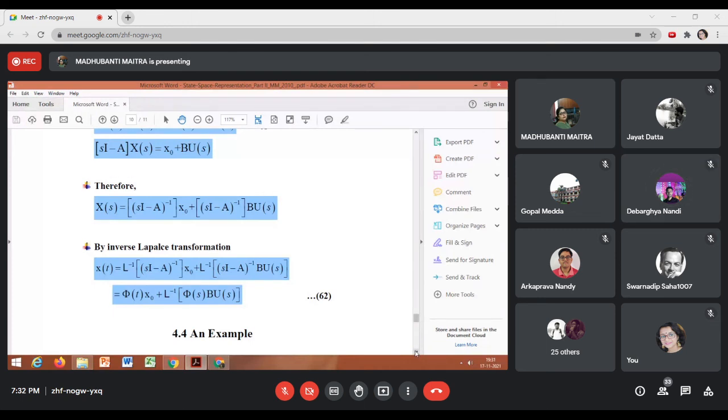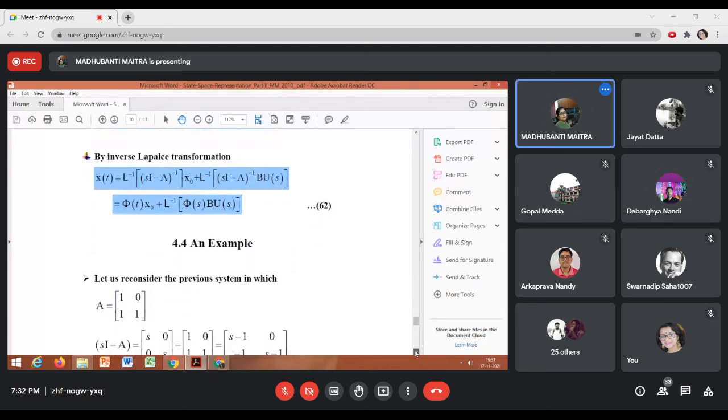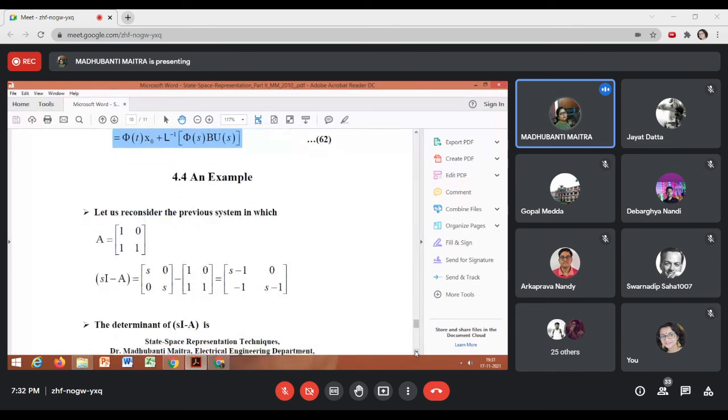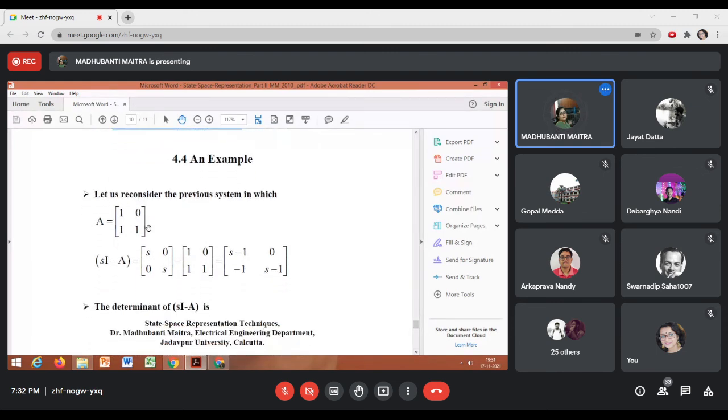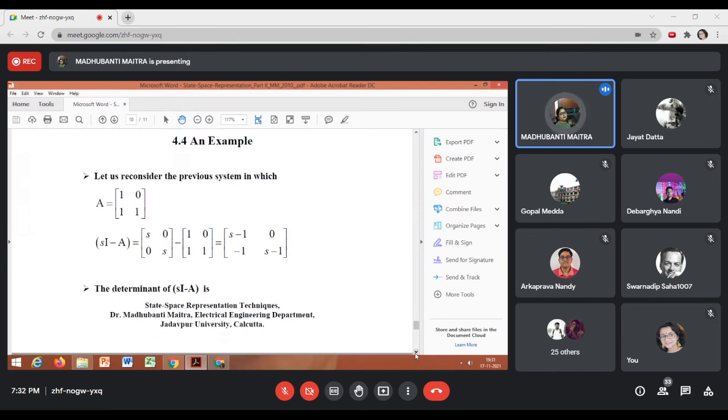Clear, ma'am. So an example, the previous one, this is our state system matrix A = [1 0; 1 1]. So sI minus A: the first one is the identity matrix multiplied by s, so the elements will be s, 0, 0, s, minus A, whose elements are 1, 0, 1, 1. So that will be equal to s minus 1, the second term of the first row will be 0, this one will be minus 1, and this term will be again s minus 1.